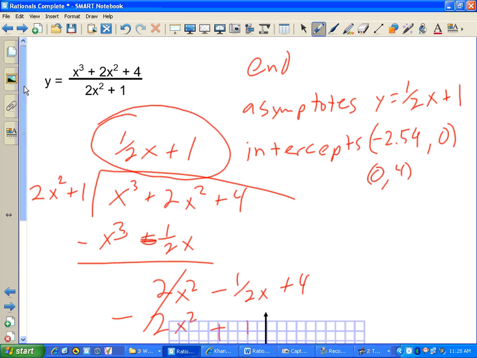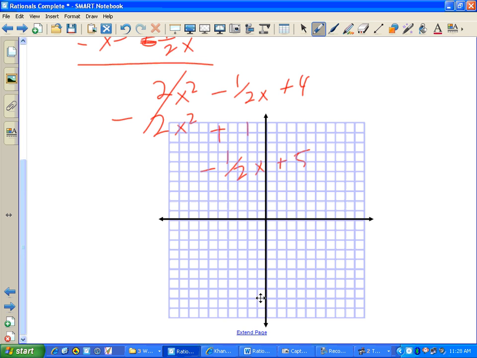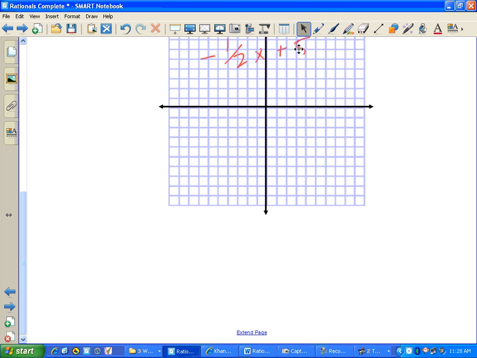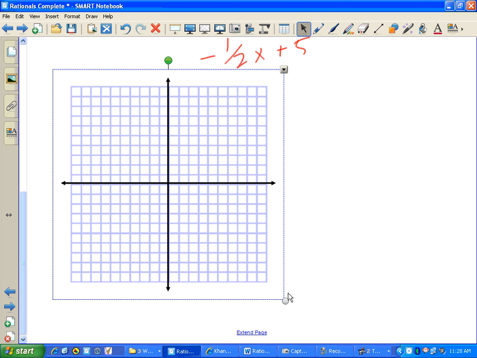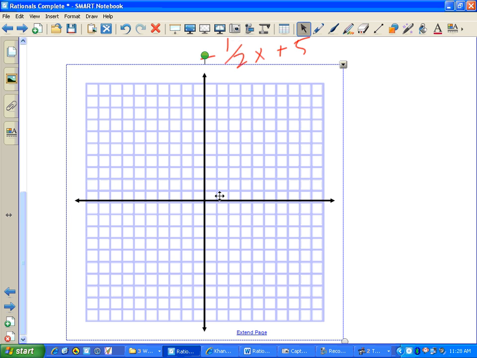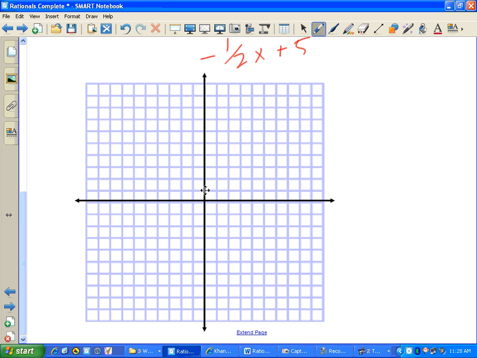So we have a slant asymptote of 1/2 x plus 1. Let's move this down here and make it a little bigger. So 1/2 x plus 1. That means I've got y-intercept of 1. I'm going up 1 over 2. Up 1 over 2.